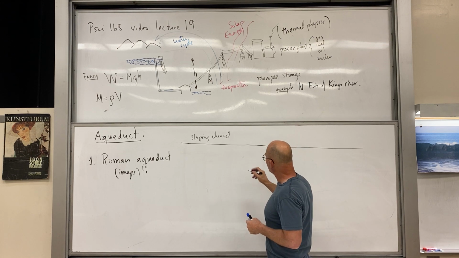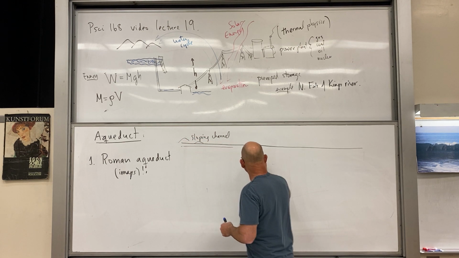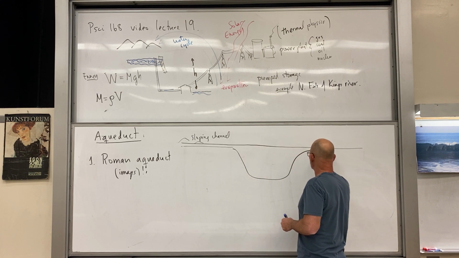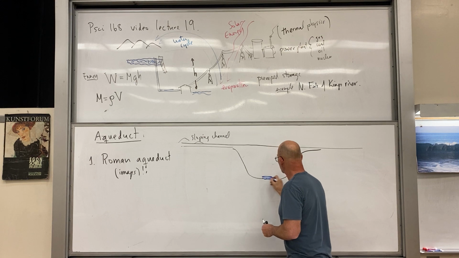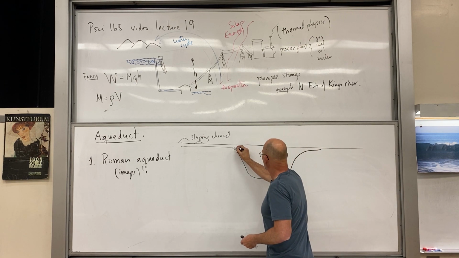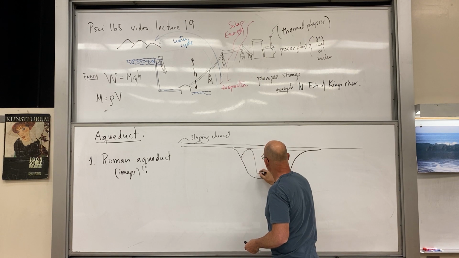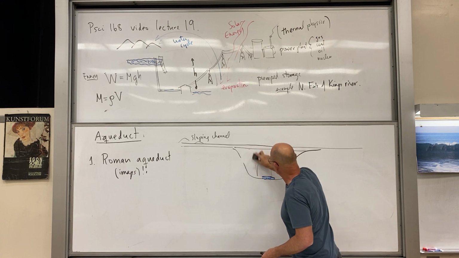And what you'll find is that there were channels that were underground. They come to a valley, with a river going through it. So here's a river valley. And then they have to build some of those famous aqueducts. Actually, they would do a few courses of arches.